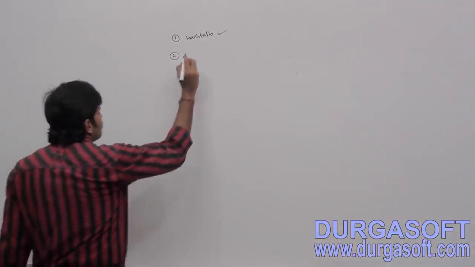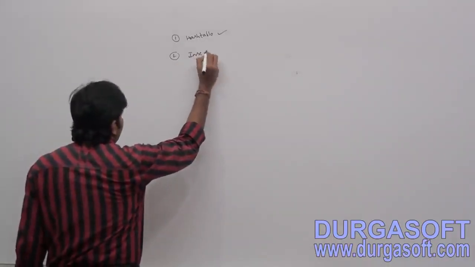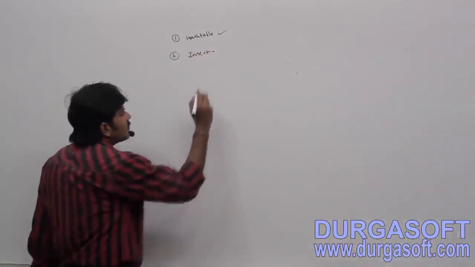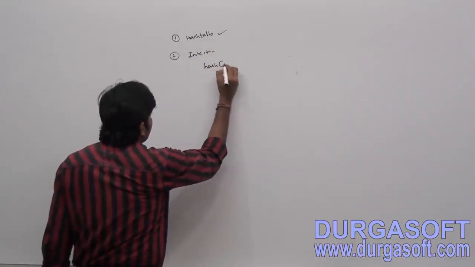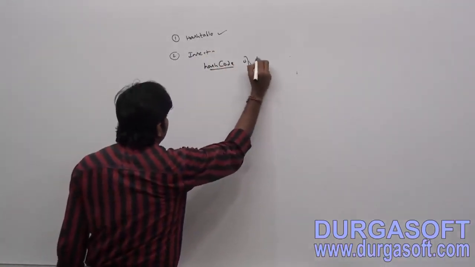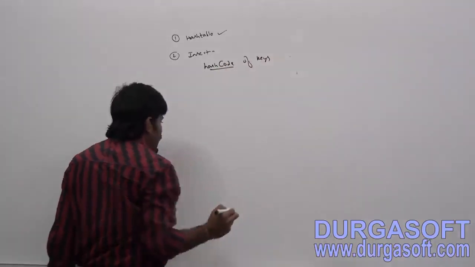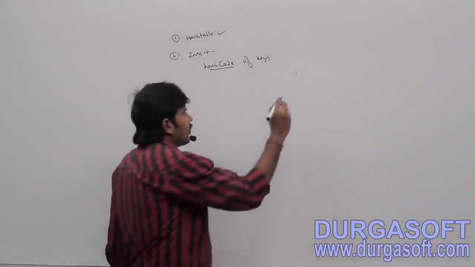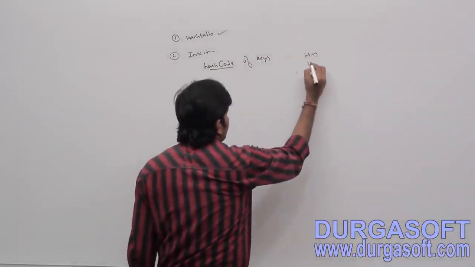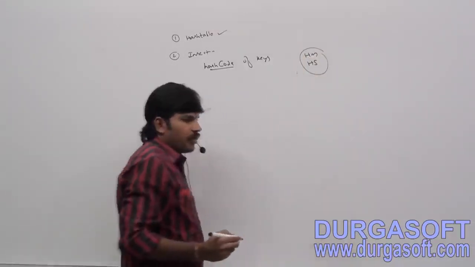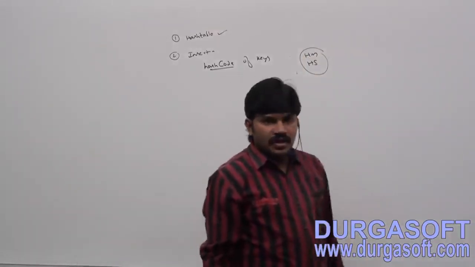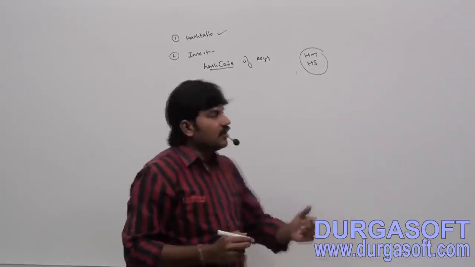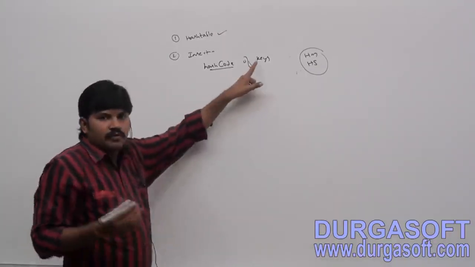Can you tell whether insertion order is preserved or not? Not preserved, and it is based on the hash code of keys. The same point I told even for HashMap and HashSet. So based on the hash code of the keys, the key-value pairs by default will be inserted.